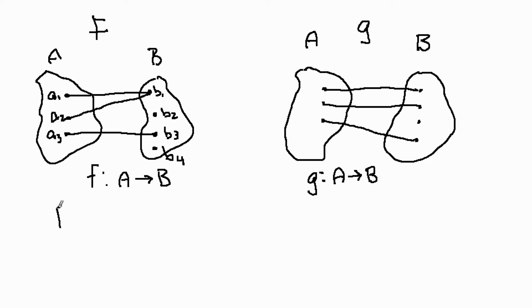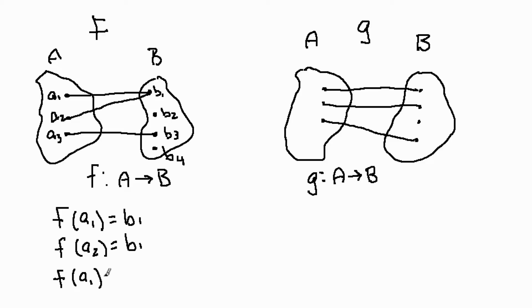We note that f of A1 is equal to B1, and we also note that f of A2 is equal to B1. In other words, what we have here is that f of A1 is equal to f of A2, but A1 doesn't equal A2.